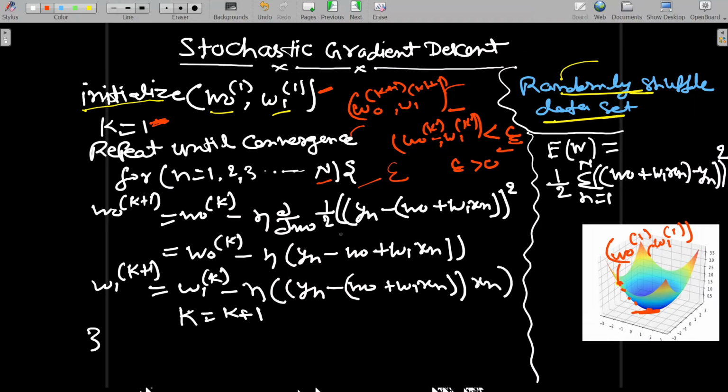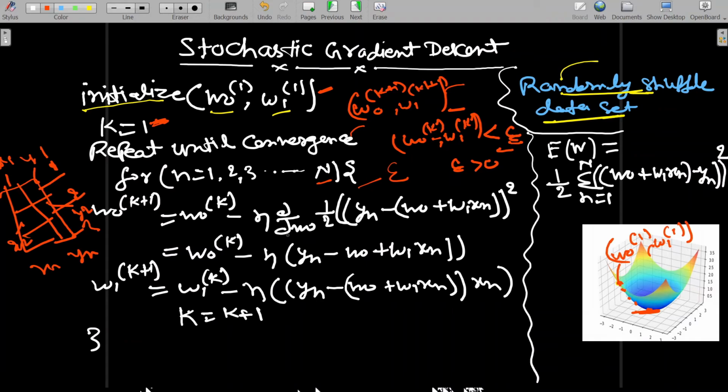But here what we are doing is taking the squares of error for the first point, then the second point. This is the first point, this is the second point, this is the third point. So let's suppose this is x1, this is y1, this one x2, this one y2. Similarly, we have xn, yn. In the gradient descent algorithm, at one step we were doing the partial derivative of the sum of squares of error for all the data points.